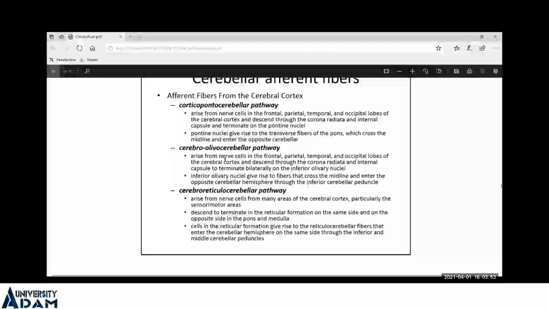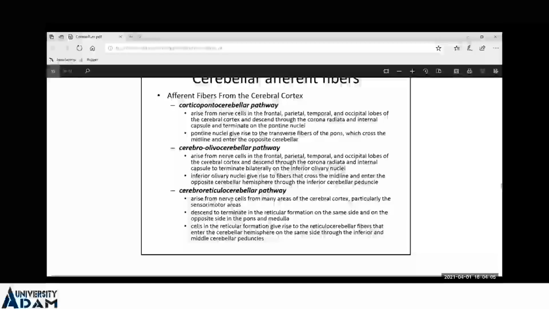Okay, the cerebro-olivo-cerebellar pathway is also the same. It starts in the cerebrum, goes to the olives, and then ends in the cerebellum. Cerebroreticular is like that. Okay, guys.